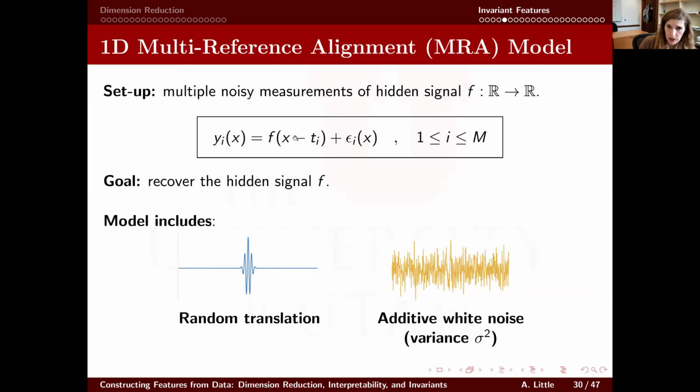You observe it subject to some random translation plus a bunch of additive noise. But you get access to a lot of samples of it. So we'll think of capital M here being the sample size, and that's going to be pretty big. From all of this noisy data, you want to recover the underlying hidden signal F. Sigma squared here will be the variance of epsilon i, which we'll think of as a white noise process. So the bigger the sigma, the harder it is to see the signal in any individual observation.